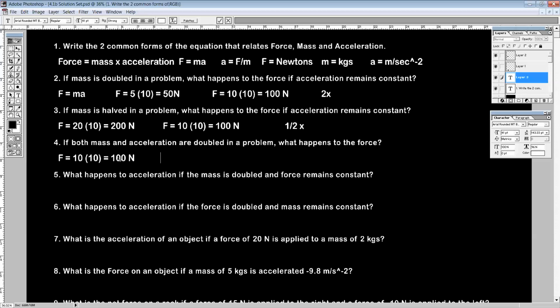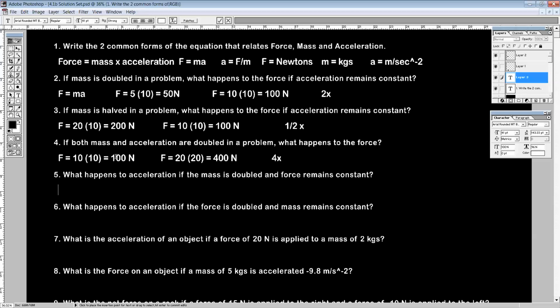And so for force, now we're going to double both of those, at 20 kilograms and 20 meters per second squared. And so we're now up to 400 newtons. So if we were to double both, we would have a result 4 times as high.